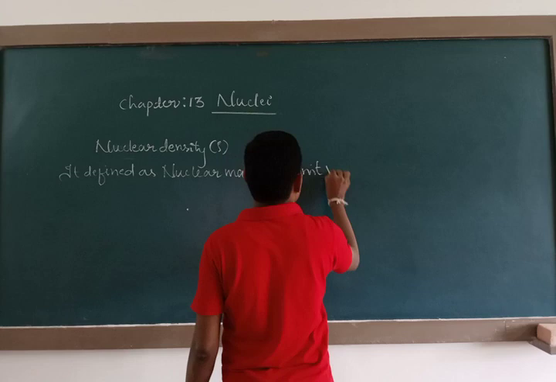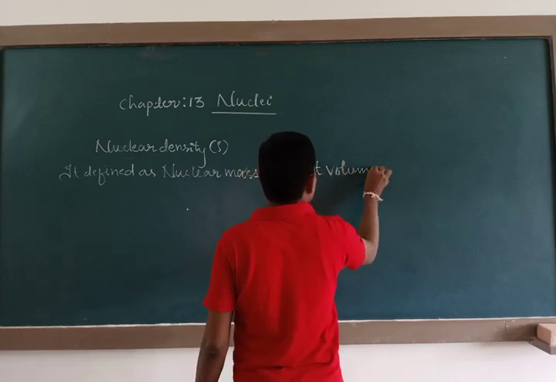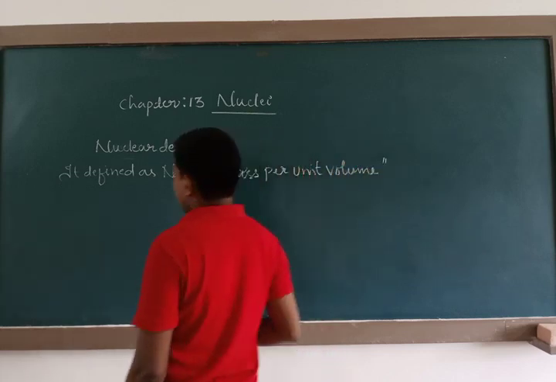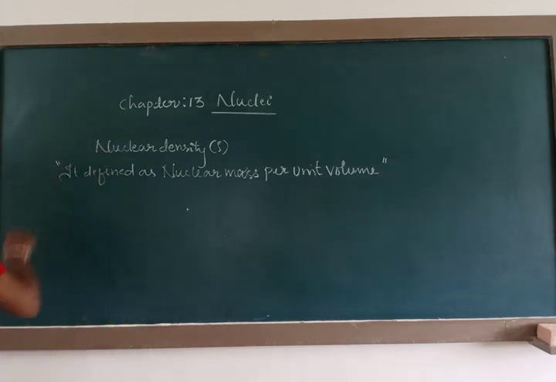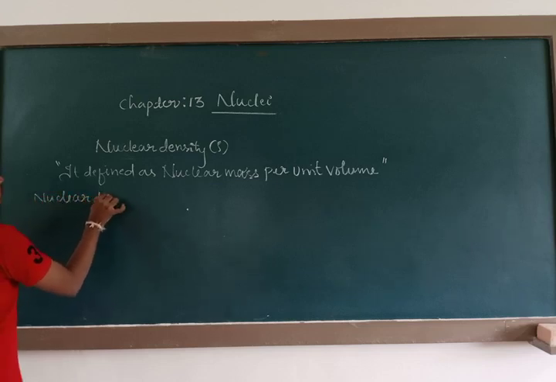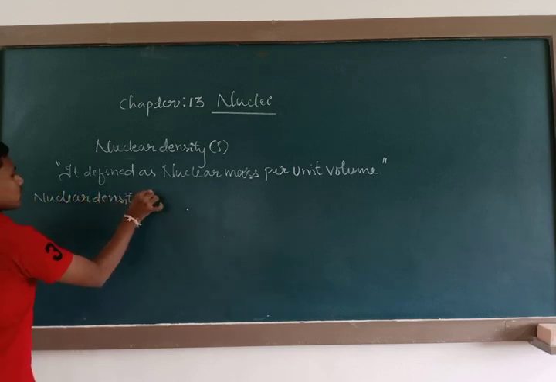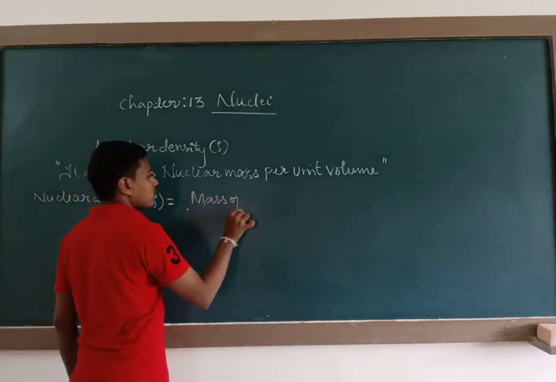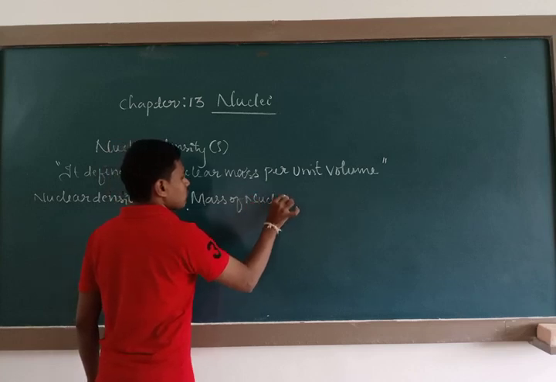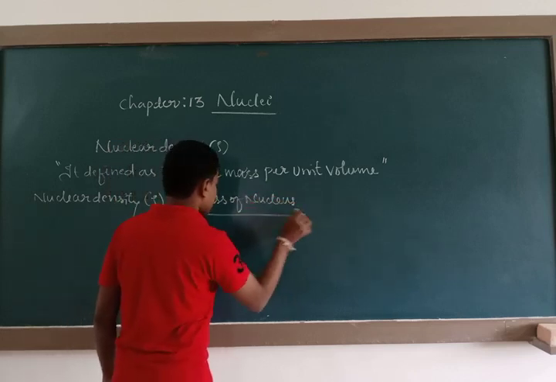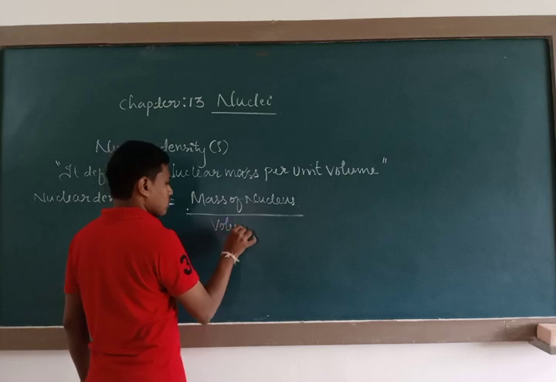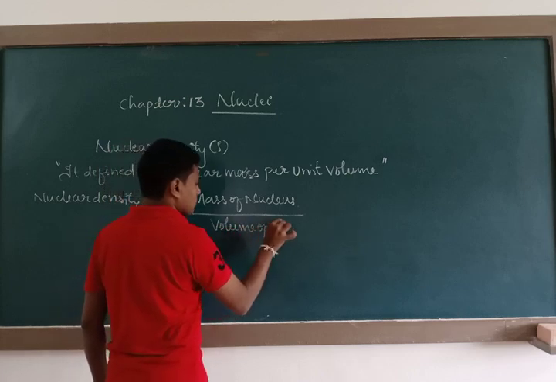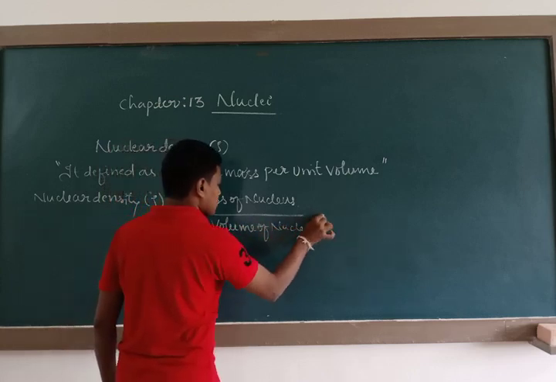So nuclear density rho is equal to the mass of the nucleus divided by the volume of the nucleus.